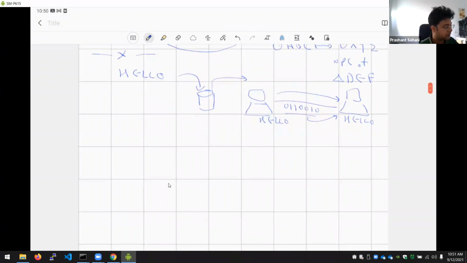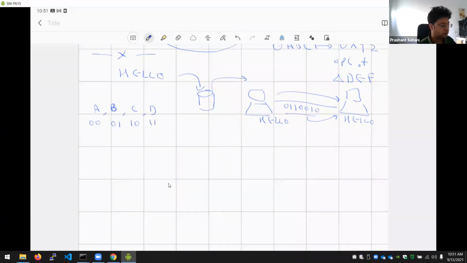Let us take a very simple example: let's say you have a language having only four alphabets, A, B, C, and D. Then how many bits will you require to encode a single character? So 2 bits are sufficient, right? Because I can write A as 00, B as 01, C as 10, and D as 11.